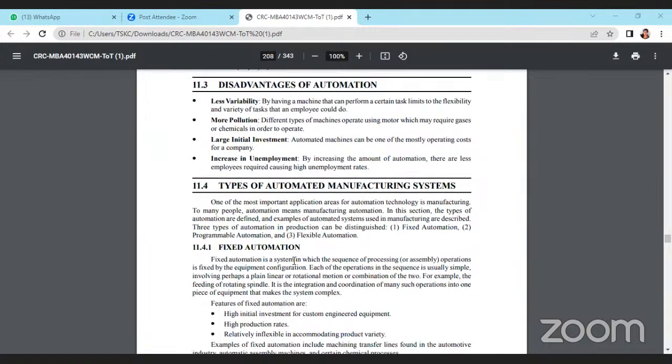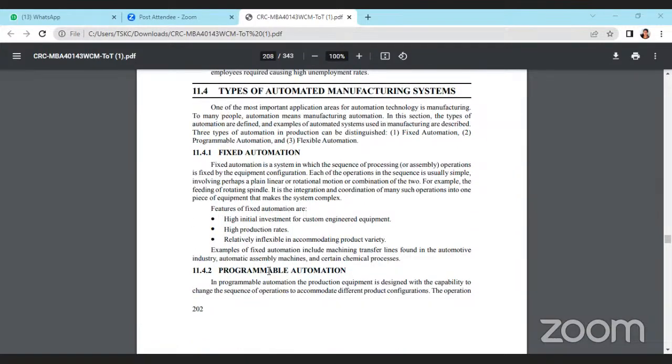Types of automated manufacturing systems: we have three types, that is fixed automation, programmable automation, and flexible automation. Fixed automation is a system in which the sequence of processing or operations is fixed by the equipment configuration. The operations in the sequence are usually simple, involving perhaps a plain linear or rotational motion or a combination of the two, for example the feeding of a rotating spindle.